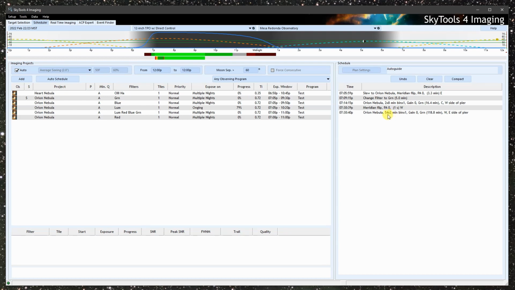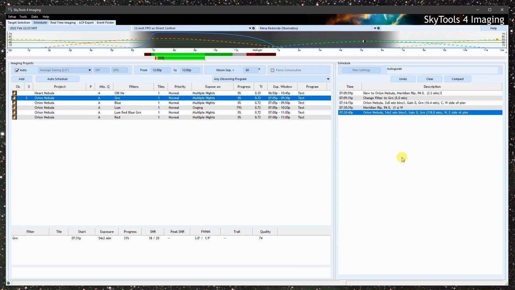So it's gone ahead and found that 54 by 2 fit this period of time all the way to the end, where the by 8s came up short. So you're actually going to get less SNR when you stack those 8-minute images because you're not using the full period of time. That's something most people don't think about. All other things being the same, it's chosen the 2-minute exposures.